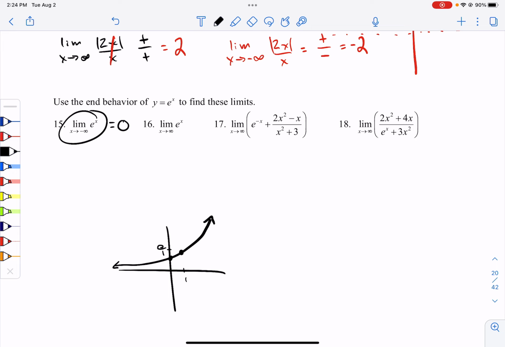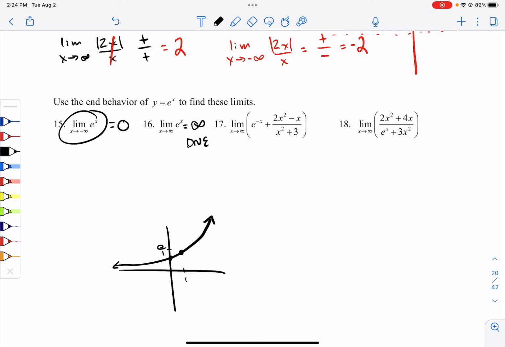As I go to infinity, as I move further and further to the right, I approach infinity. Or it does not exist. Well, I like infinity a lot better in this situation because I don't have that same asymptote. So I'm okay with the infinity on that one.